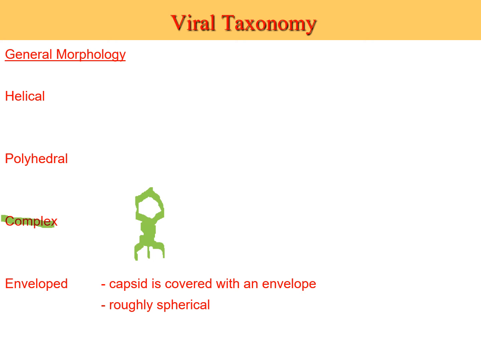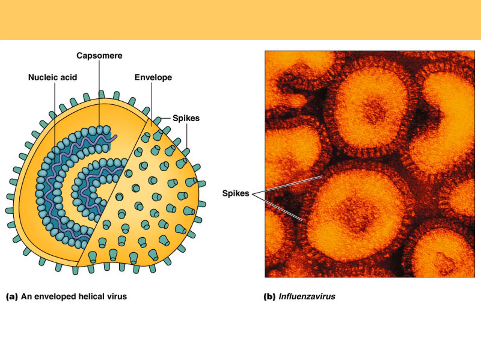dotted with proteins coded for by the virus. And an excellent example of that would be influenza virus. As you know, there are many varieties of influenza virus, which is why you need to get vaccinated every year to the new varieties that crop up each year, substrains of influenza virus.